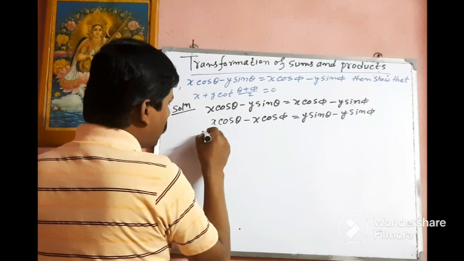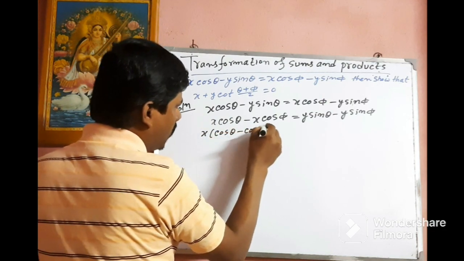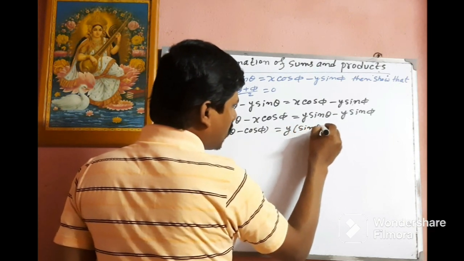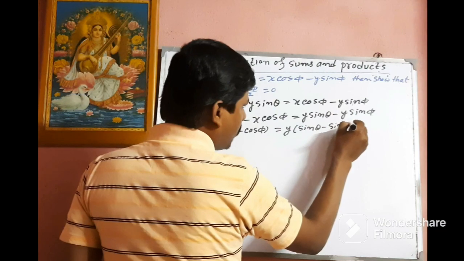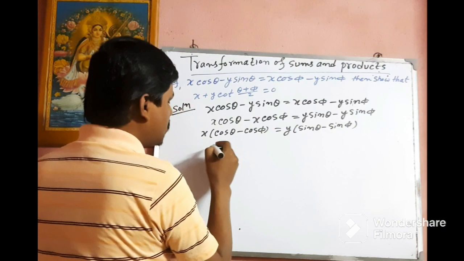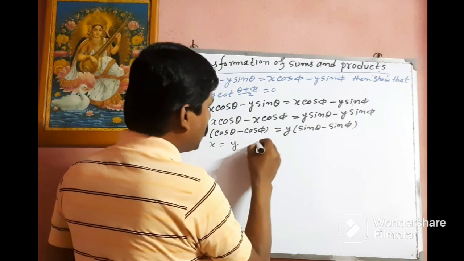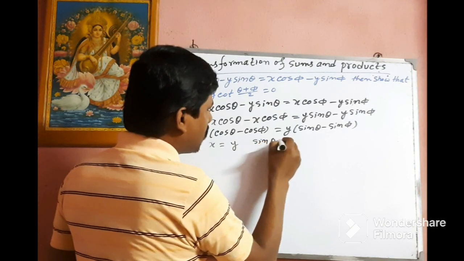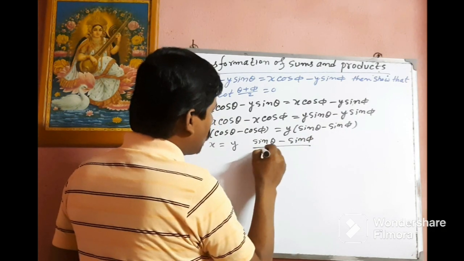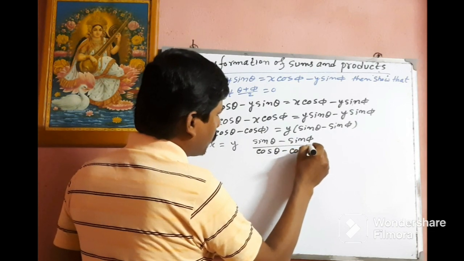Now if we take the common x from here, cos theta minus cos phi, and take y from here, sin theta minus sin phi, and move this to the right side, then x is equal to y times (sin theta minus sin phi) divided by (cos theta minus cos phi).